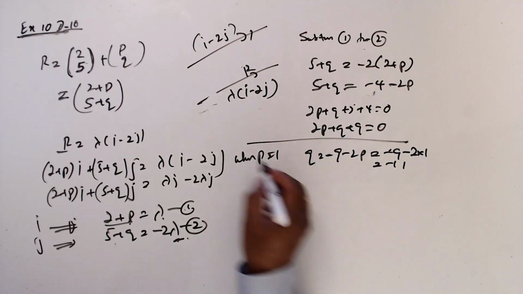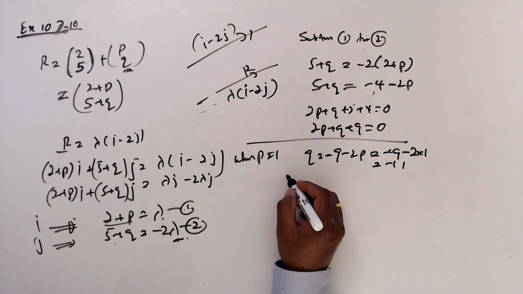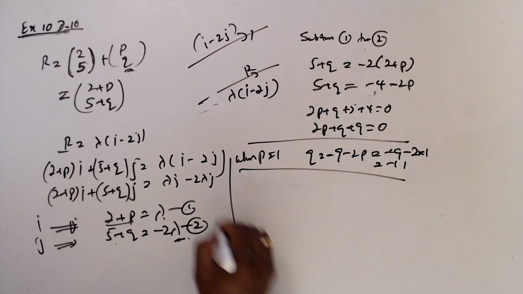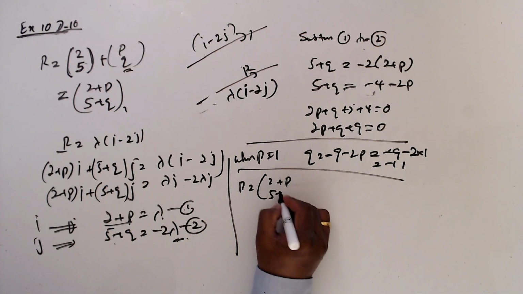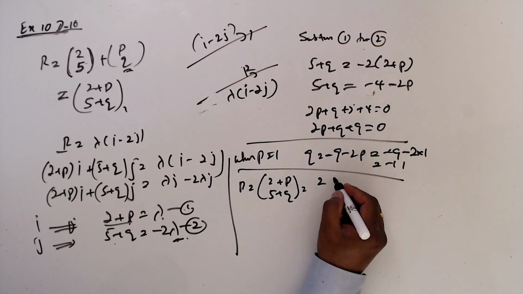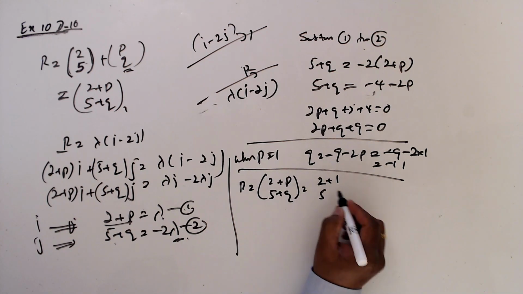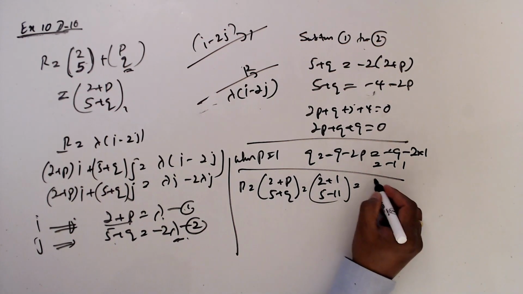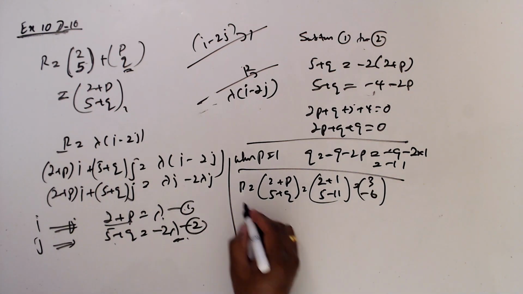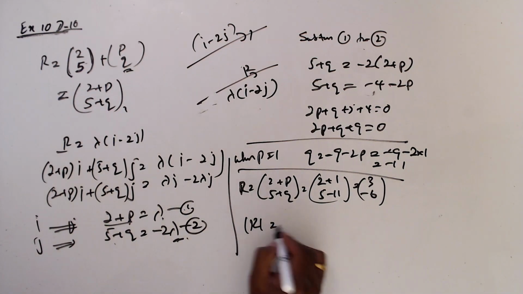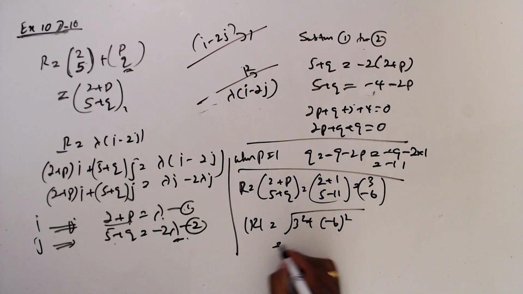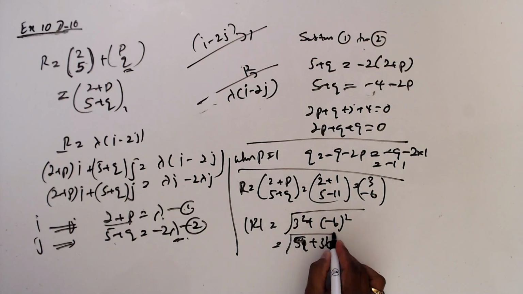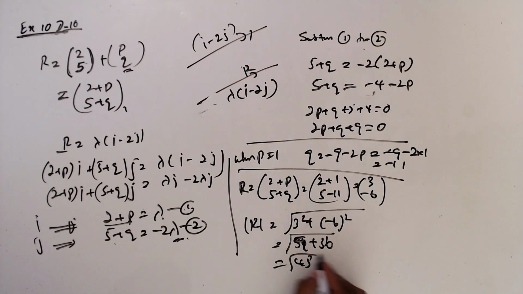So now from here, R is 2 plus p, 5 plus q, which is 2 plus 1 and 5 minus 11, that is 3 and minus 6. So the magnitude of R is the square root of 3 squared plus minus 6 squared, that is the square root of 9 plus 36. So that is square root 45.